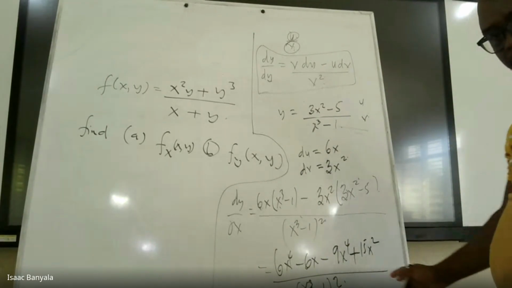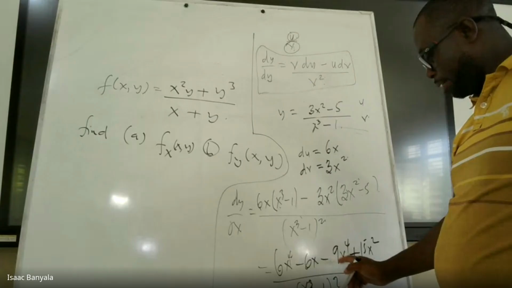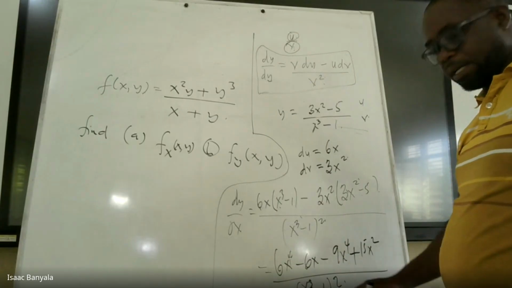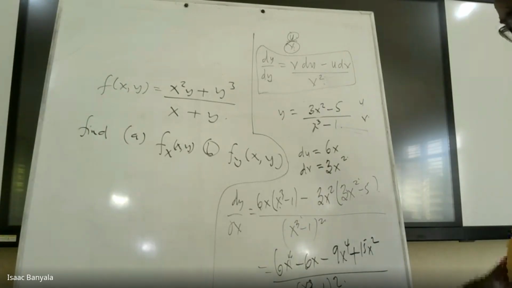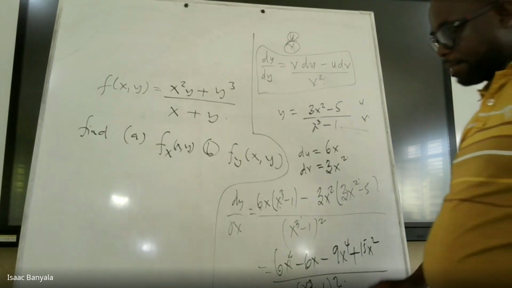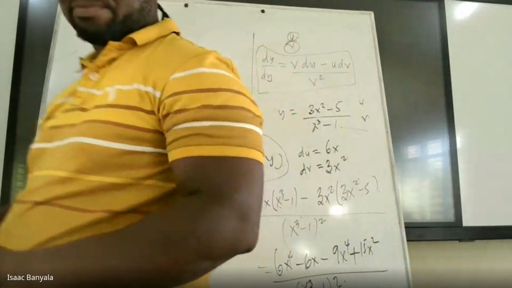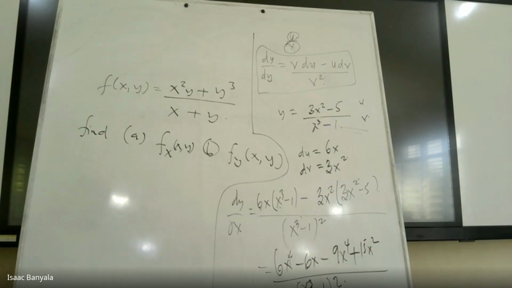Now you can simplify. This is 6x exponent 4 minus 9x exponent 4. Get minus 3. So you continue with that. Please continue and tell me the answer. Yes, Oliver, subtract and tell me the final answer.